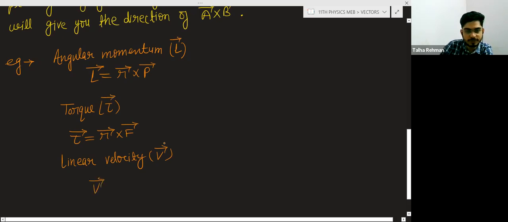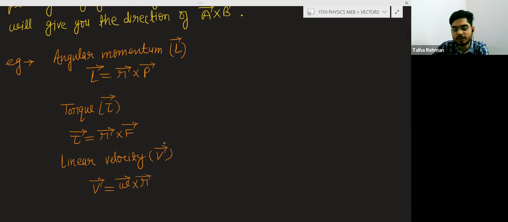The v vector is given by omega vector cross r vector. Omega is the angular velocity, r is the position vector.